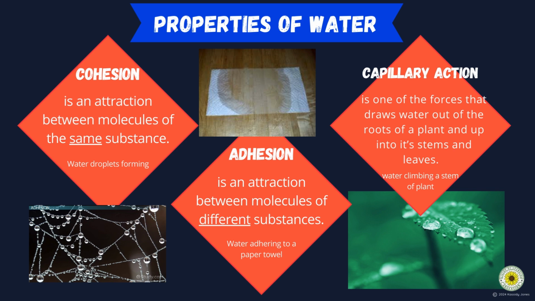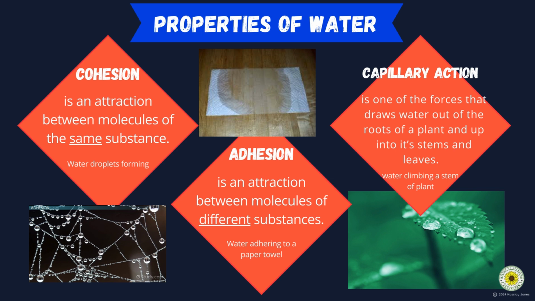Then you have adhesion. Adhesion is an attraction between molecules of different substances. This is why paper towels are so useful in cleaning up water, because the water adheres to the paper towel. Then you have capillary action.